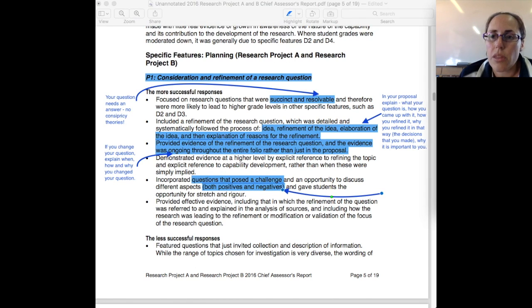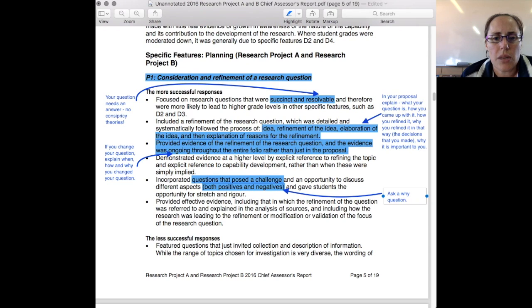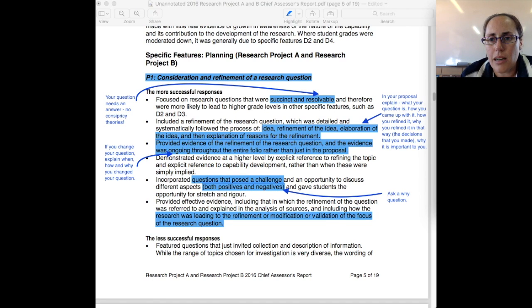So show both how and why. What you need to make sure is that if you refine something, you need to show how the research led to this refinement. So you need to show how what you found out actually made this happen and the decisions that you made because of it. All right, that's P1 in a nutshell.